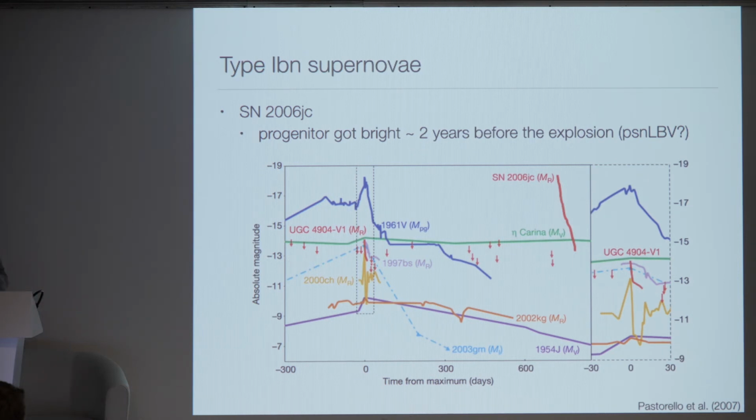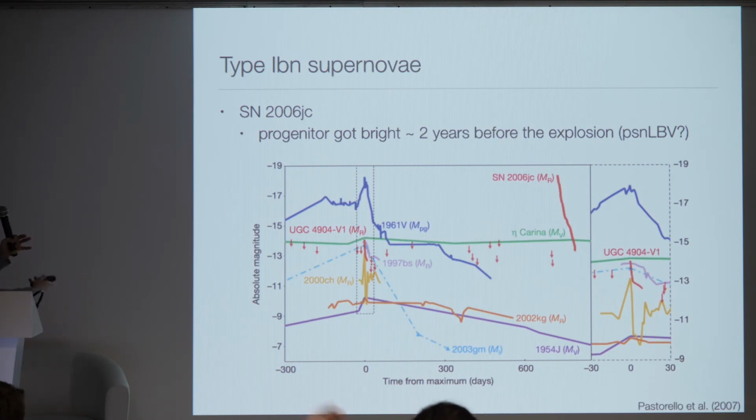And this was a type 1bn supernova, and there should have been dense circumstellar matter surrounding this progenitor. So probably at that moment, 2 years before the explosion, some eruptive event from the surface of the star happened, and that made some dense circumstellar matter.